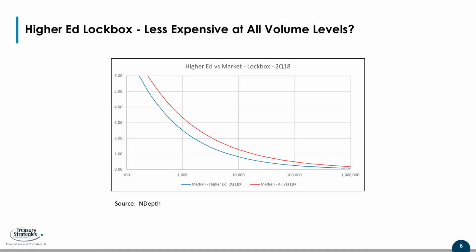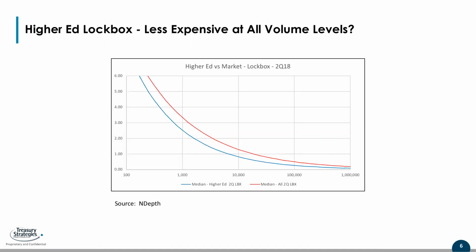Now, as we drill down into some specific products, here are some fascinating curves that we're going to show today. This was on Lockbox, but to explain the general format here, the horizontal axis across the bottom are the volumes. In this case, volumes of lockboxes, 1,000, 10,000, 100,000 items per month.